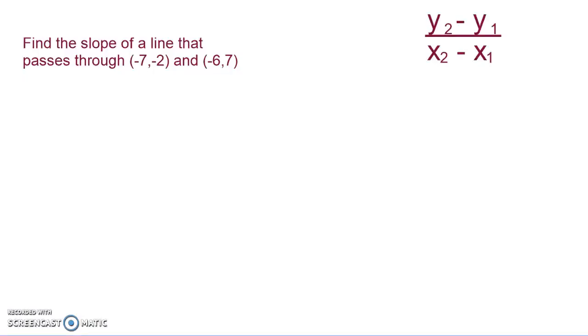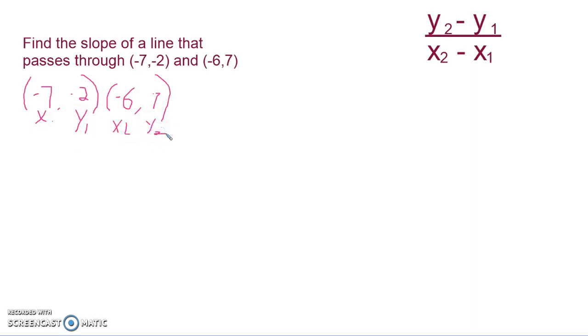Now we have find the slope of a line that passes through -7, -2, and -6, 7. So now we write these points. We have -7, -2, and then we have -6, 7. So all I'm going to do is label these as x1, y1, and x2, y2.